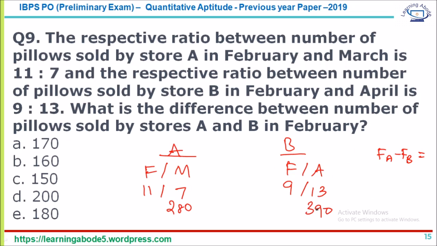If 13 parts is 390, each part is 30, so this is 270. Now if 7 parts is 280, each part is 40, so this is 440. Okay, so February store A is 440, February store B is 270, so 440 minus 270, that's a difference of 170. That's answer option A for question number 9.